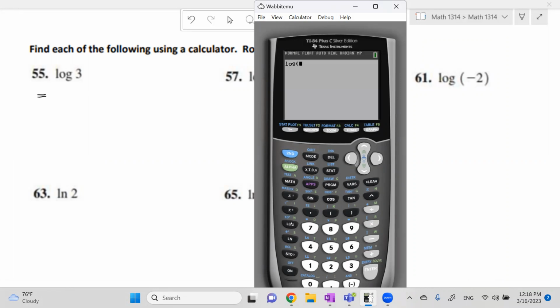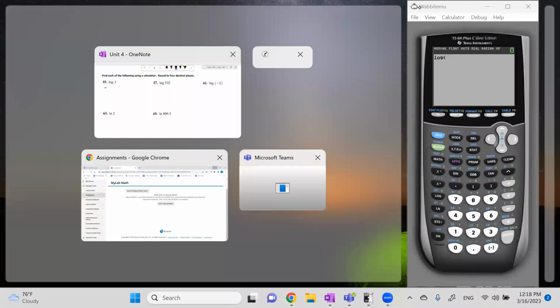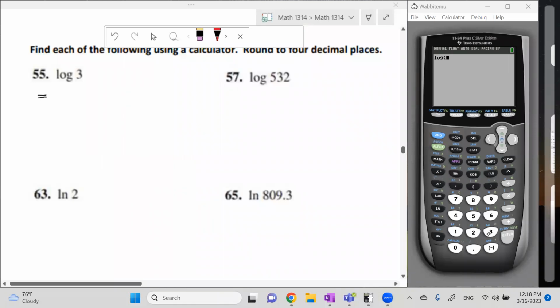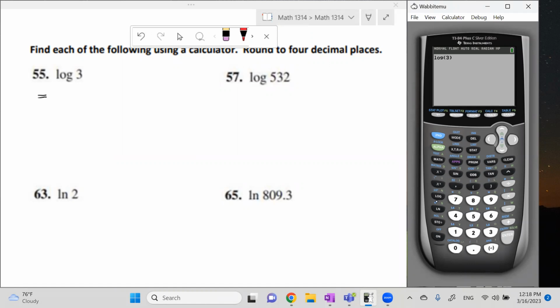So log 3, close the parentheses. You see where I find the log, next to the 7, and hit enter. We have 0.4771212.